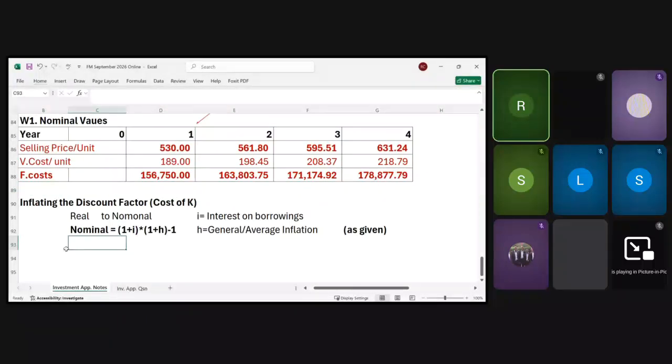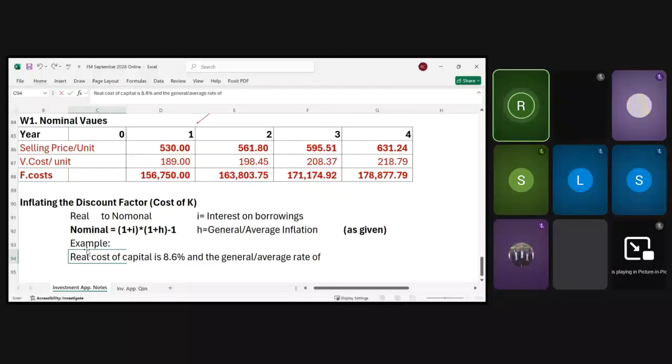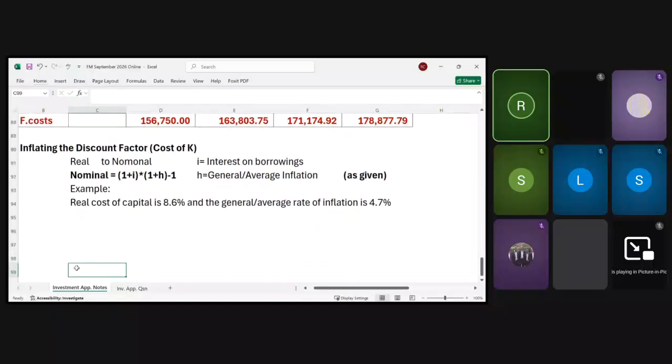Assuming we have a real cost of capital of 8.6%, and the general or average rate of inflation is 4.7%. What is the nominal discount factor?